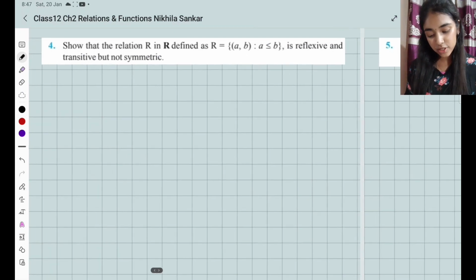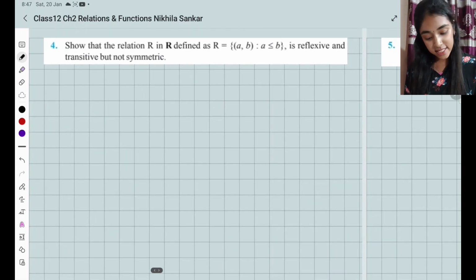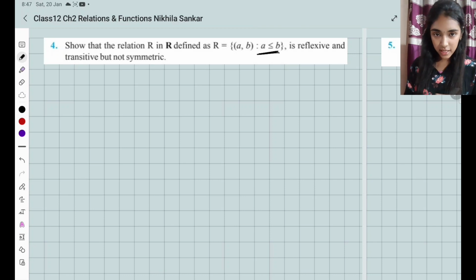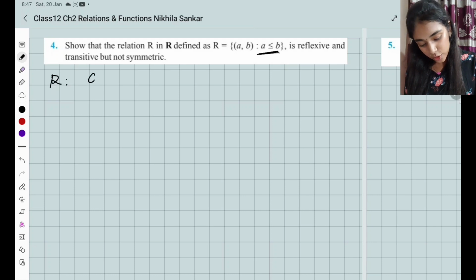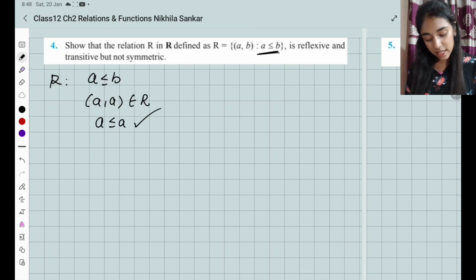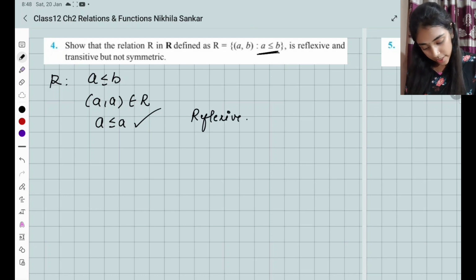Show that the relation defined by R equals a less than or equal to b is reflexive, transitive but not symmetric. Reflexive is there, transitive is there, but symmetric is not. Okay? Now reflexive means, you have a less than or equal to b as the condition. So when you take a comma a belongs to the relation, you have a less than or equal to a. Since equality is there, this is going to be true and hence it is reflexive. Okay? Now symmetric.